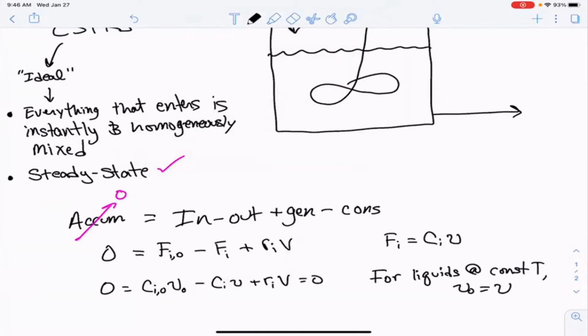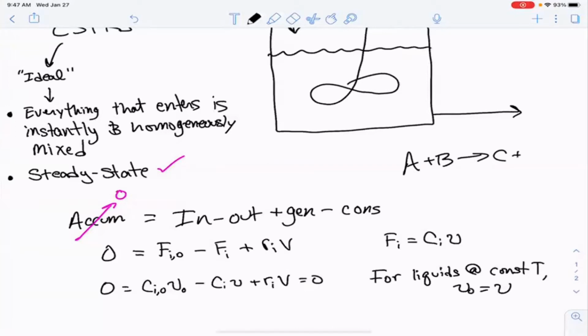Now, what if we have a gas phase reaction? This isn't something that we'll deal with extensively today, but if we have a gas phase reaction and the number of moles in the reaction change, you have to change the volumetric flow rate, because if A plus B in the gas phase went to C, well, if you kept the same volumetric flow rate out as in, over time you have fewer moles. And so that would mean that the volume of the reactor would actually decrease.